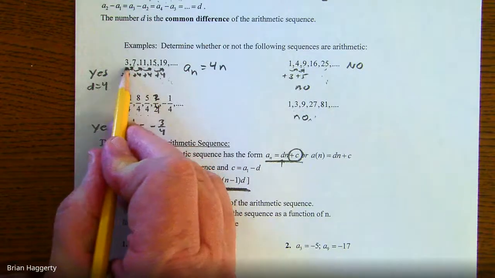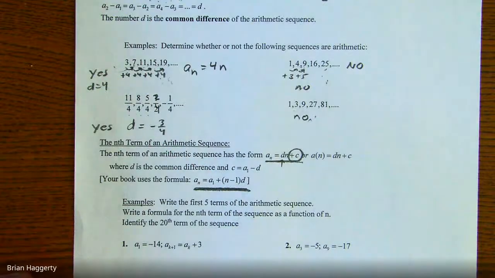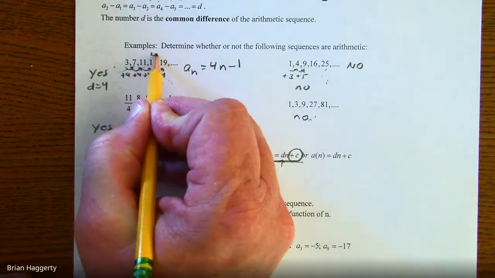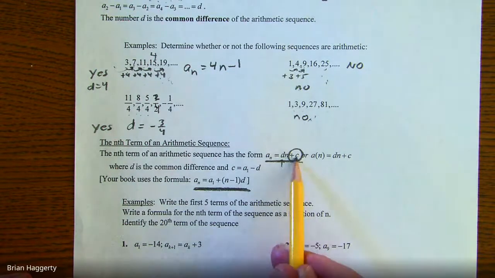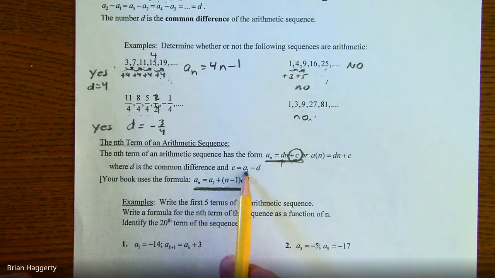If we had the 0th term in front, what would it need to be in order to keep that pattern true? Test it. We know, for example, the 4th term has to be a 15. Plug in 4. 4 times 4 is 16 minus 1, 15. Done. So that c term is whatever the first term was, backed up one more in order to get what would be the y-intercept in a linear world.